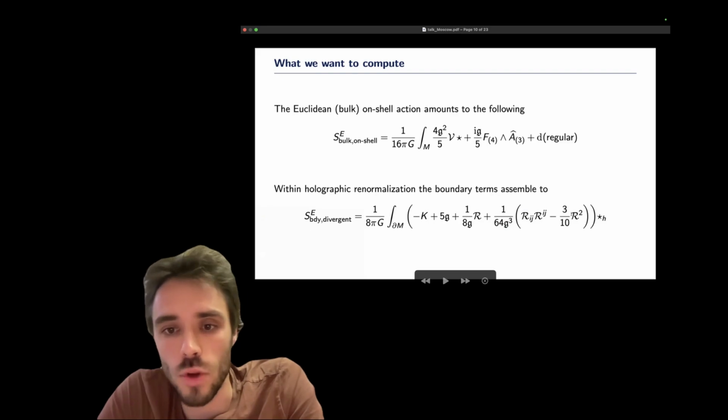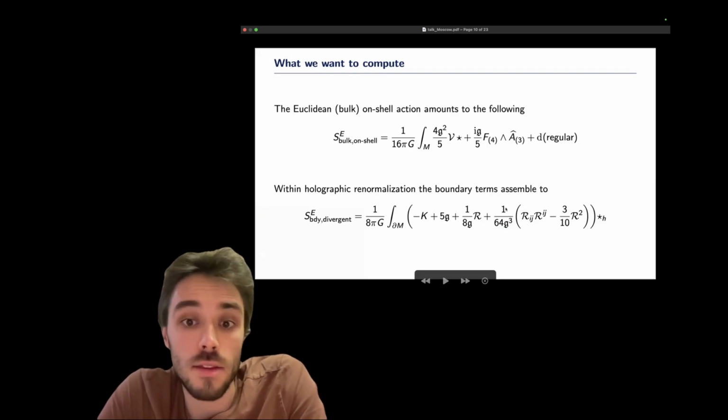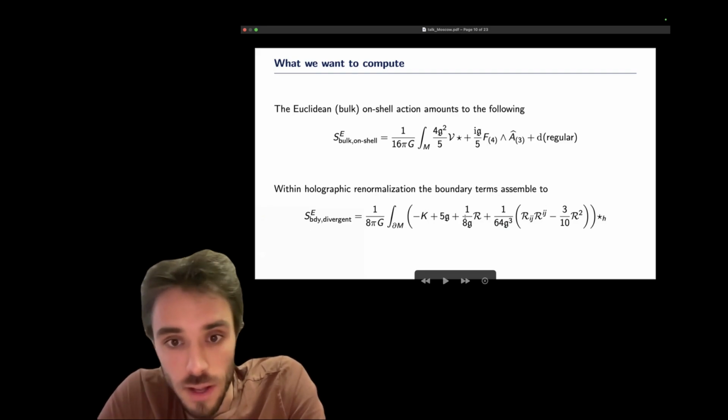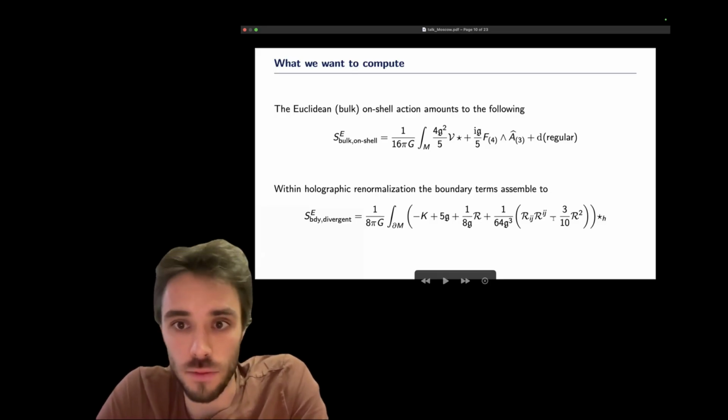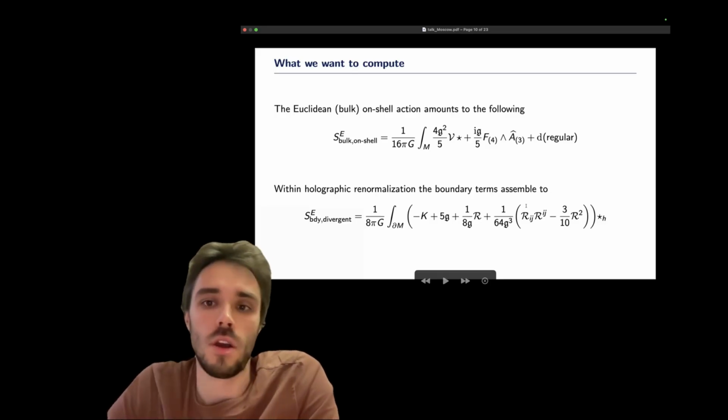And so you calculate this object, and that would ensure that the answer is finite and physically sensible. You got to do that.